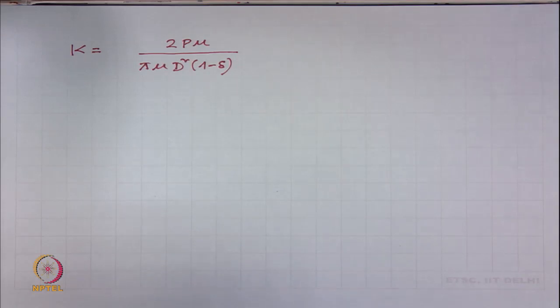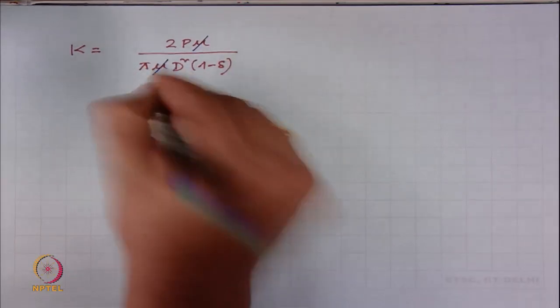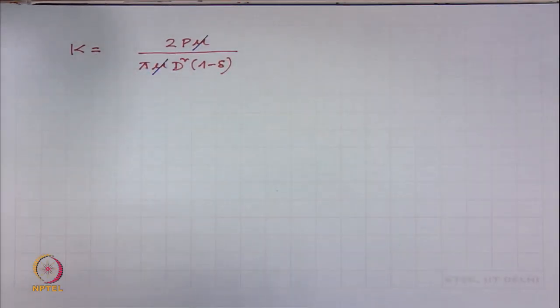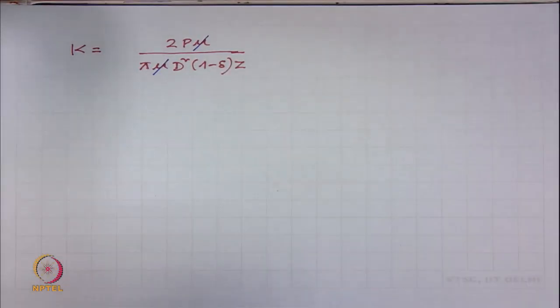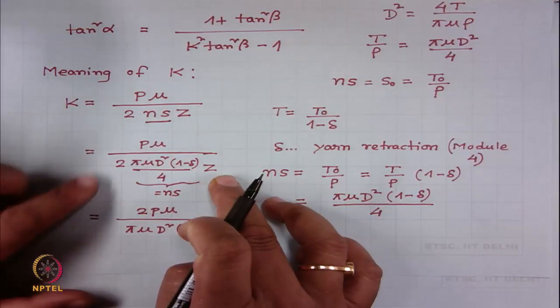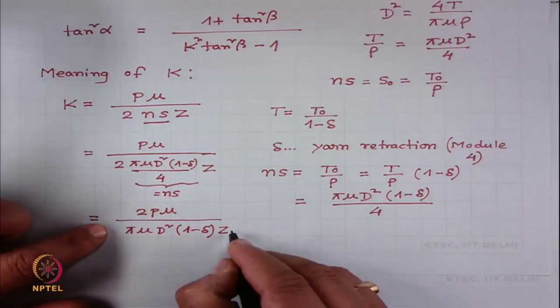Now, this mu cancels out, right. Where is Z? Z must be here. This Z was missing from here, so this Z must be here.